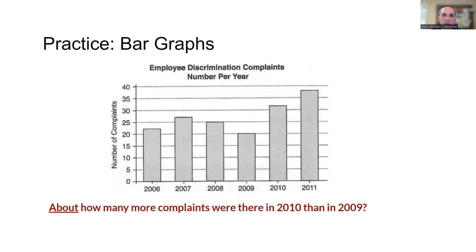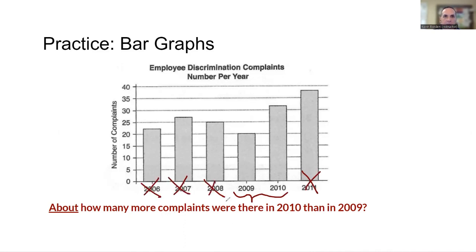How many more complaints were there in 2010 than in 2009? All right, now your chance. Pause the video, come back for the solution. Okay, so we are focused on 2010 and 2009. None of these other years matter.